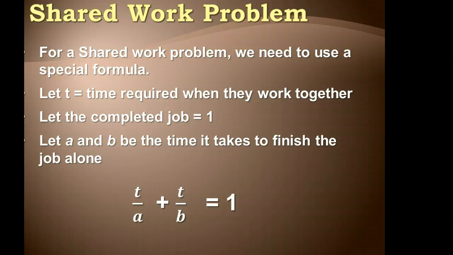A and B could stand for the time it takes a librarian to shelve so many books, or a hose to fill a pool or a bathtub. It could be pretty much anything. So let me keep moving on and show you how to do an example problem.